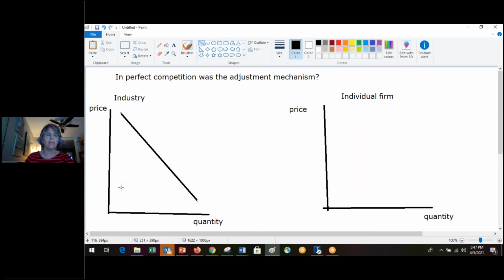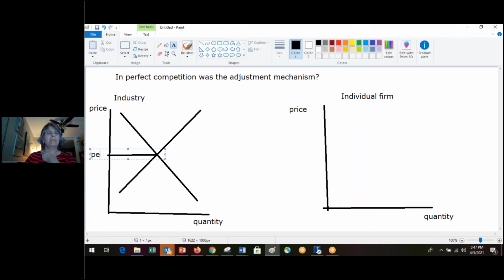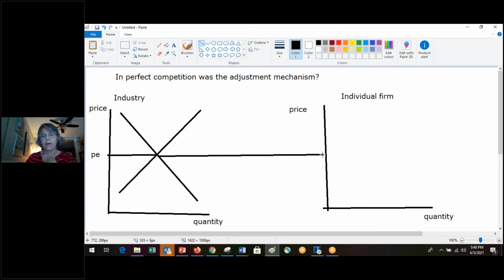That's the demand curve. This is the supply curve. Those two things, the intersection of those, determine the equilibrium price. That equilibrium price is then brought over here to the individual firm.